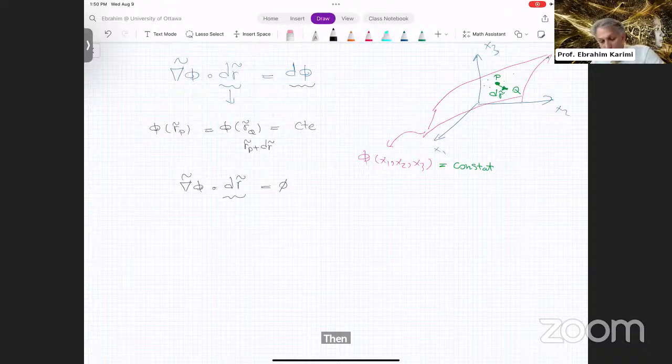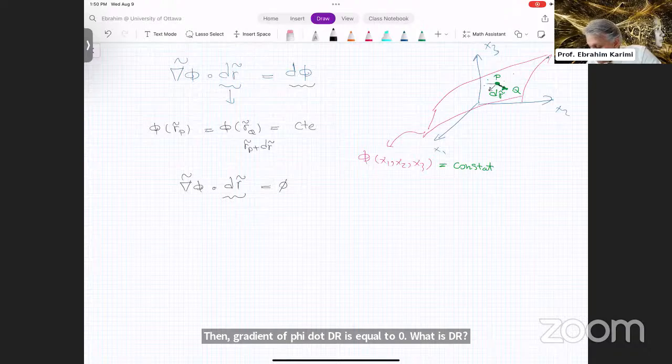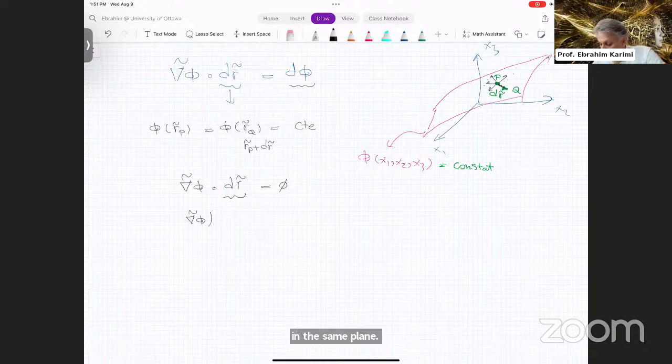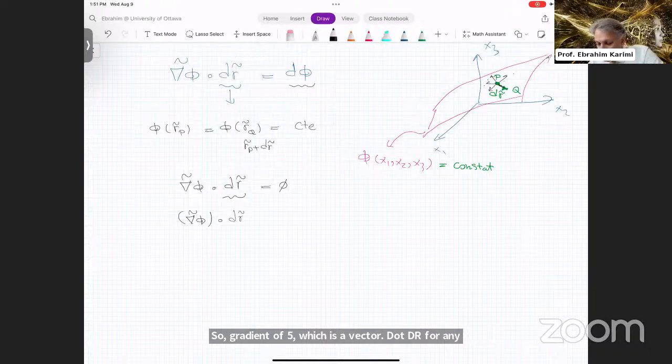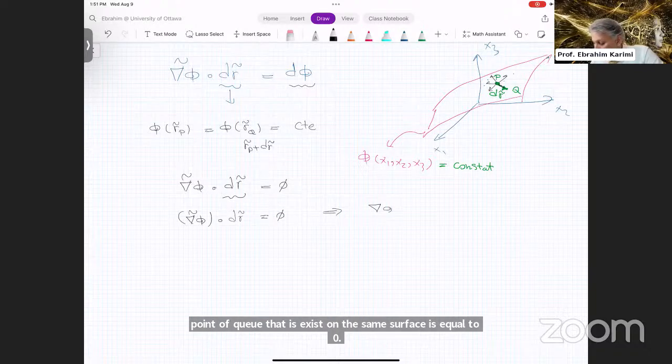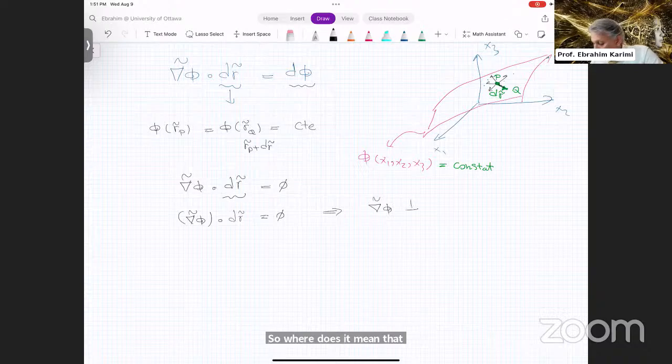What is dr? dr is the vector defining the distance between the two, and it can be any direction that you want, but in the same plane. So gradient of phi, which is a vector, dot dr for any point Q that exists on the same surface is equal to 0. What does it mean? That the gradient of phi is orthogonal to dr. So it means that the gradient of phi is normal to the surface.